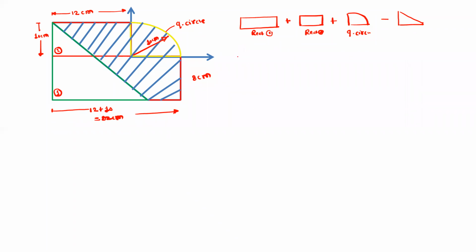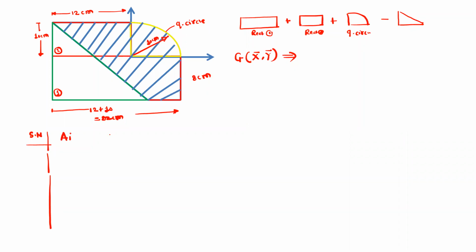So to find out the centroid, which is G (x bar, y bar), we will prepare the table. So first column will be area.